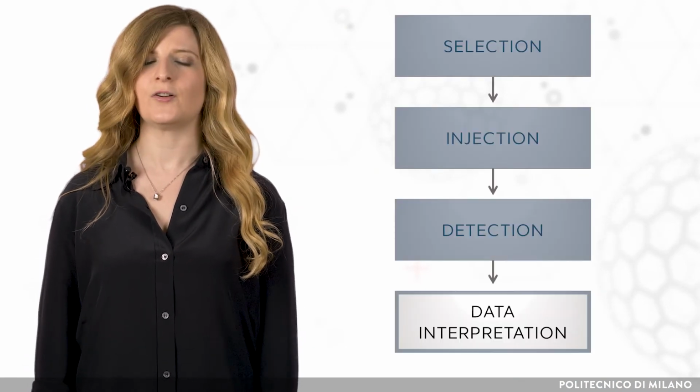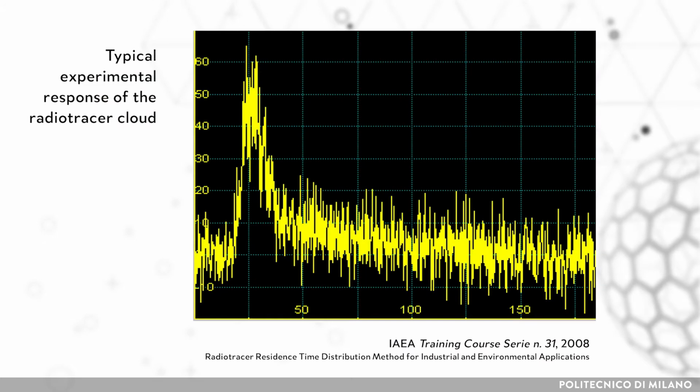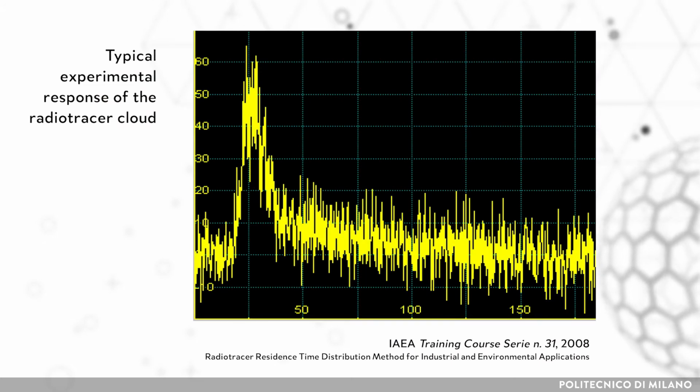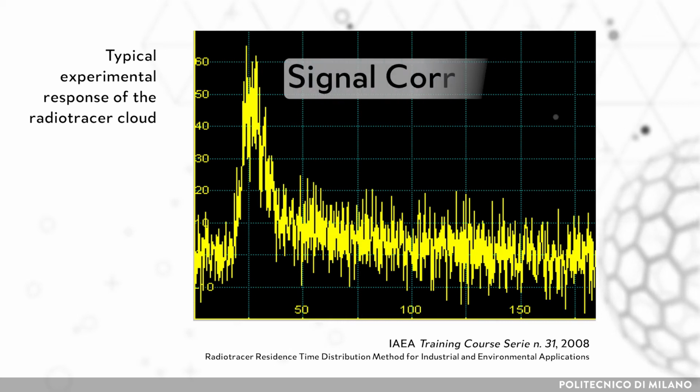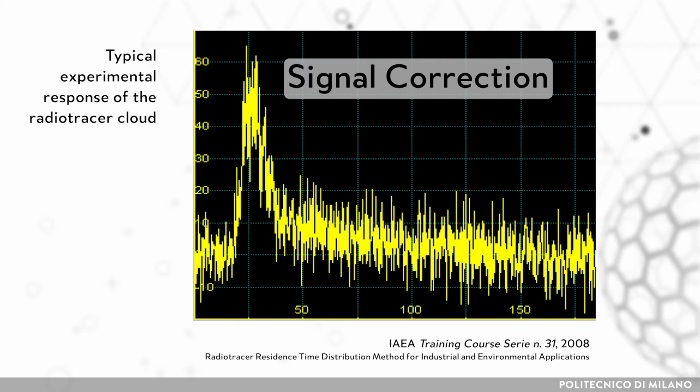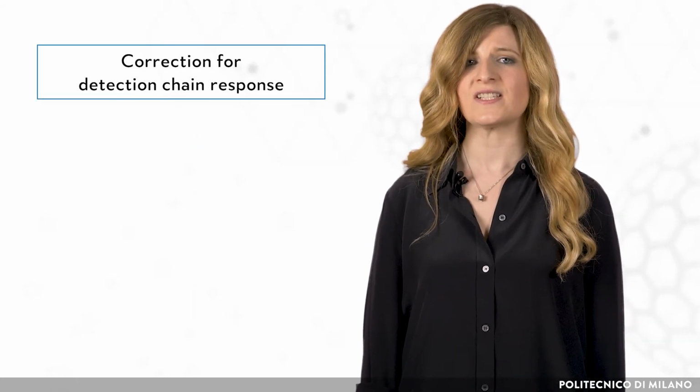Once the signal has been acquired, there is one final step: data interpretation. First of all, we must consider that the signal could contain some noise, which could be either due to the decay of the radionuclide itself, but also from the detector or the environment. So, the signal has to be corrected. The first correction is for the detection chain response.